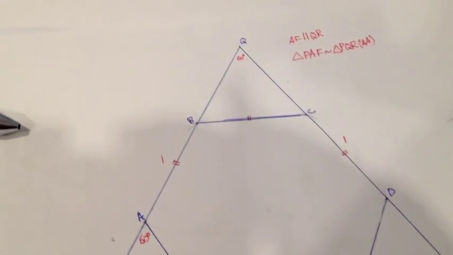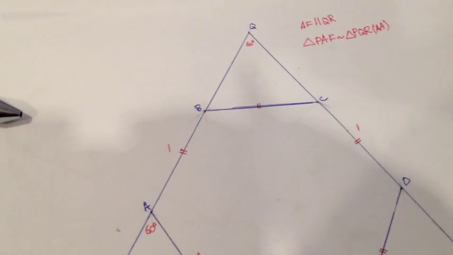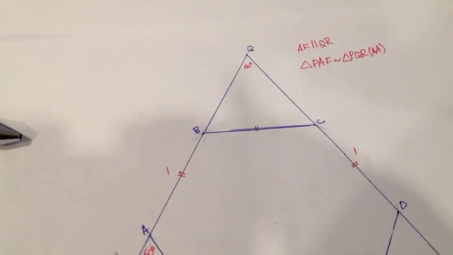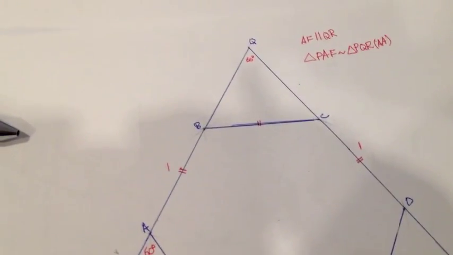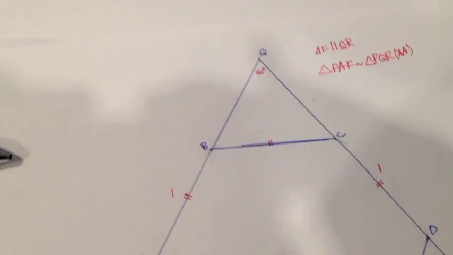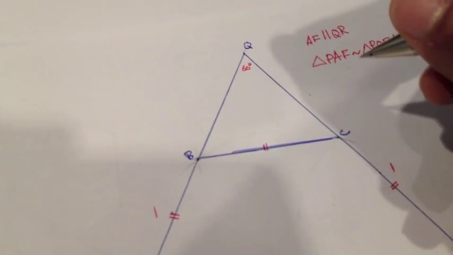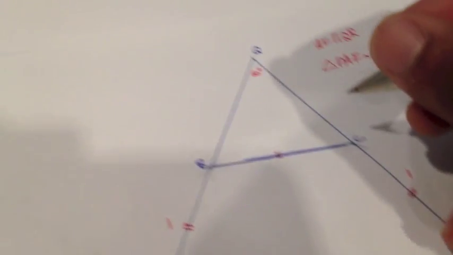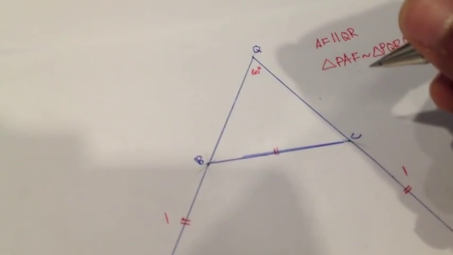Something else we can get out of this diagram is that if we look at triangle QBC, it looks a lot like an equilateral triangle. And that's probably because it is an equilateral triangle. Angles QBC and QCB are also 60 degrees because they are exterior angles of the hexagon.